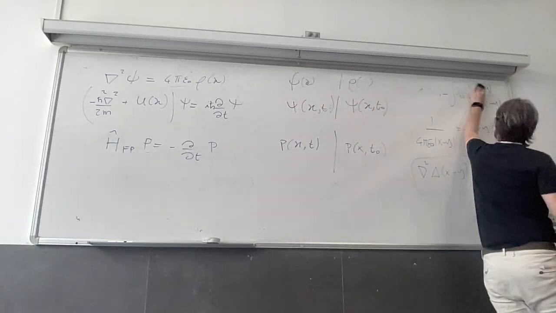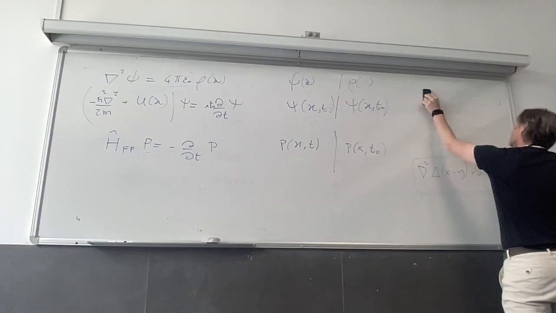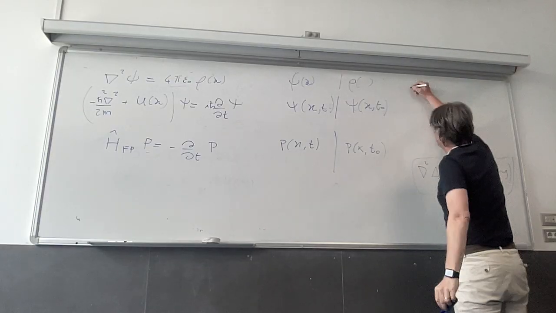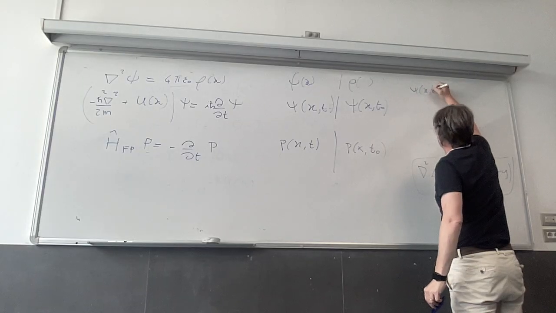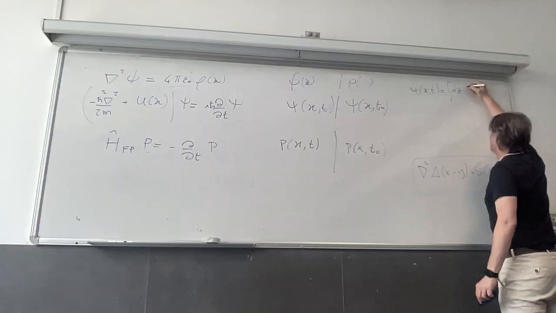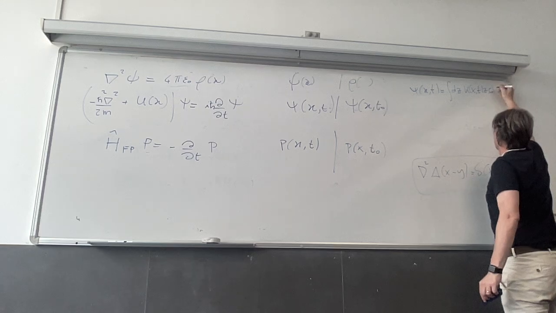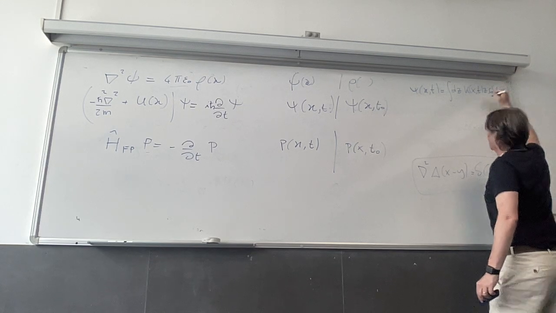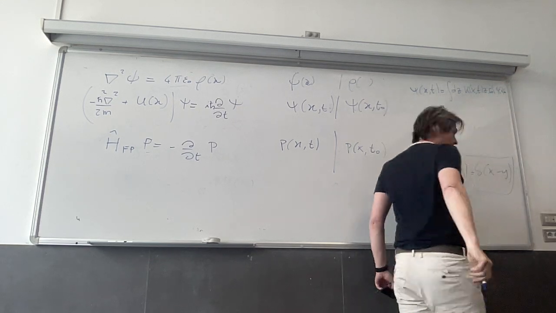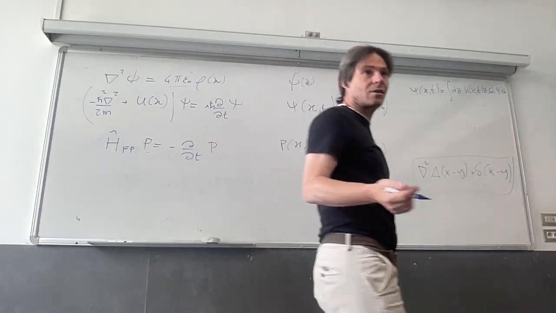Similarly, the wave function tells a similar story. The probability amplitude to find the particle at x at time t is the convolution of a quantity K of x t; y t naught with psi of y at t naught. And this is the propagator, or the matrix element of the time evolution operator.